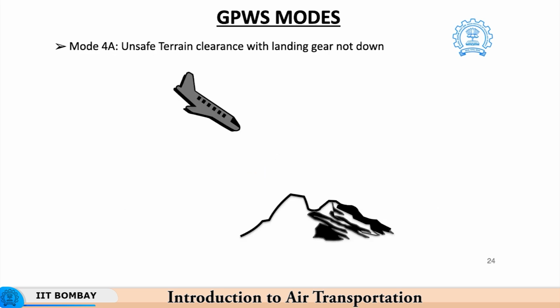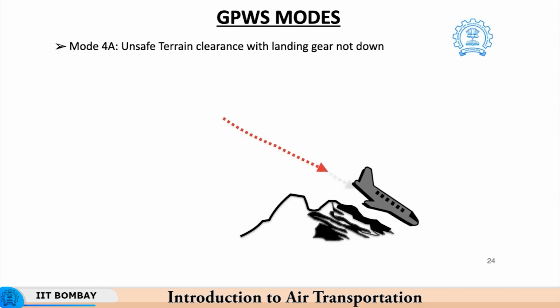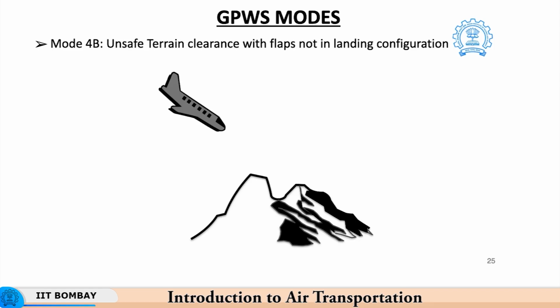Mode 4A and 4B basically correspond to the landing scenario. When your aircraft is approaching to land with the landing gear not down, this mode corresponds to mode 4A, whereas mode 4B corresponds to a situation when the landing gear is down but the flap configuration is not ideal for the landing condition.